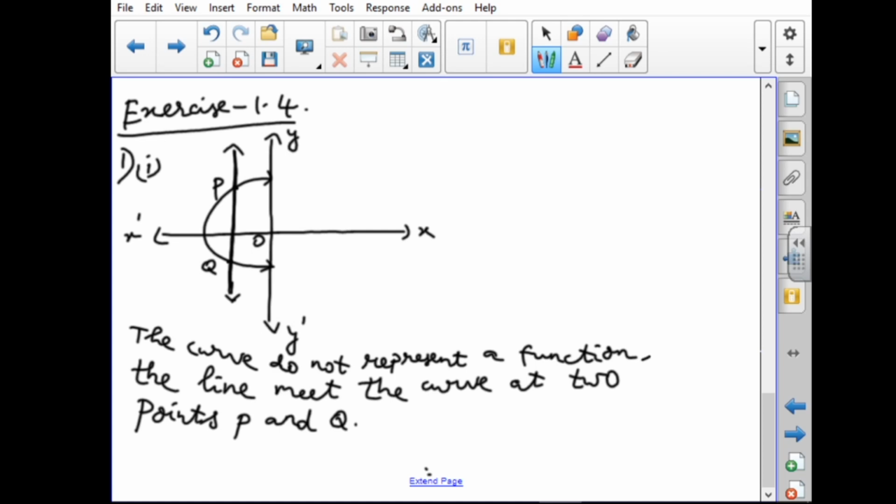The line meets the curve at 2 points P and Q.